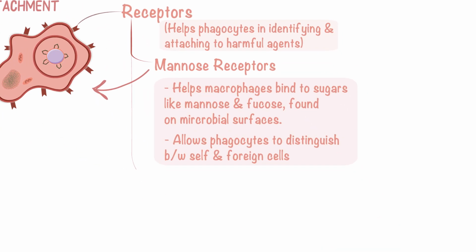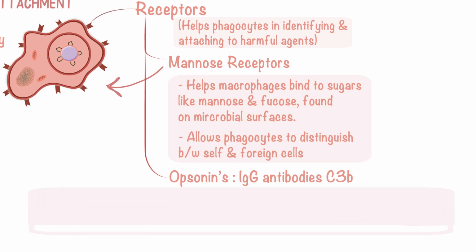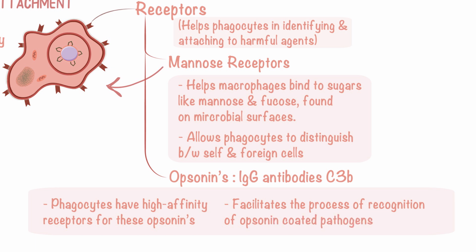We also have something known as opsonins like IgG antibodies and C3b component of the complement system. We'll discuss more about these in a bit. But phagocytes have high affinity receptors for these opsonins, facilitating the recognition of pathogens which are coated with these opsonins. The second step in phagocytosis is engulfment.